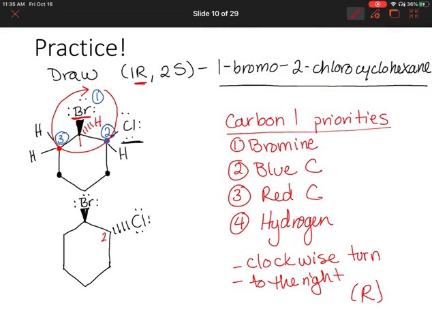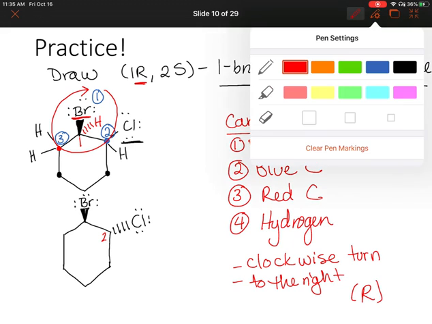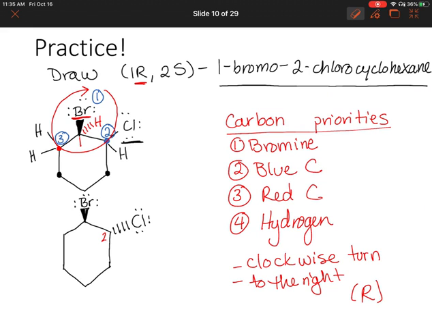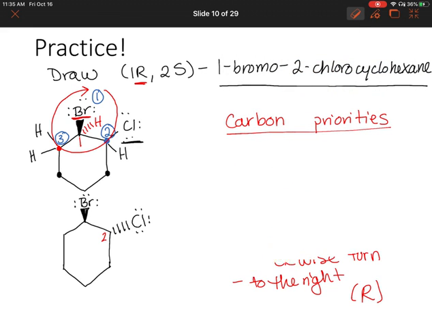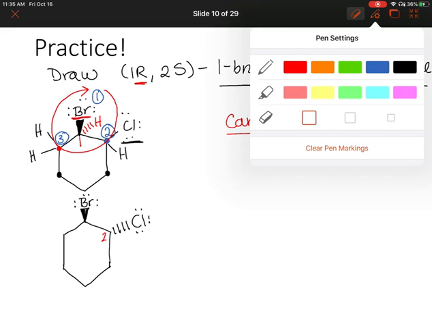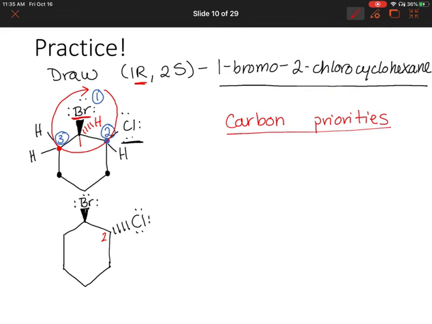Okay, so now we're going to go through carbon 2's priorities. Carbon 2 is bonded to a chlorine, a carbon, and then a hydrogen that we didn't draw because it's a bond line structure. And that hydrogen will be in the wedge position since chlorine is in the dash position.